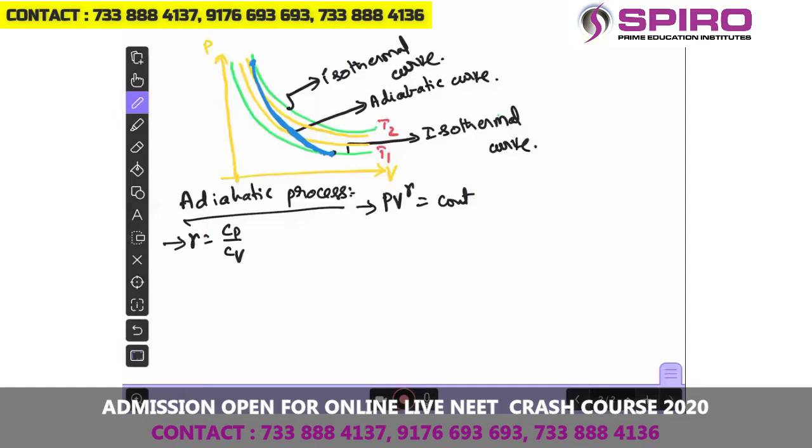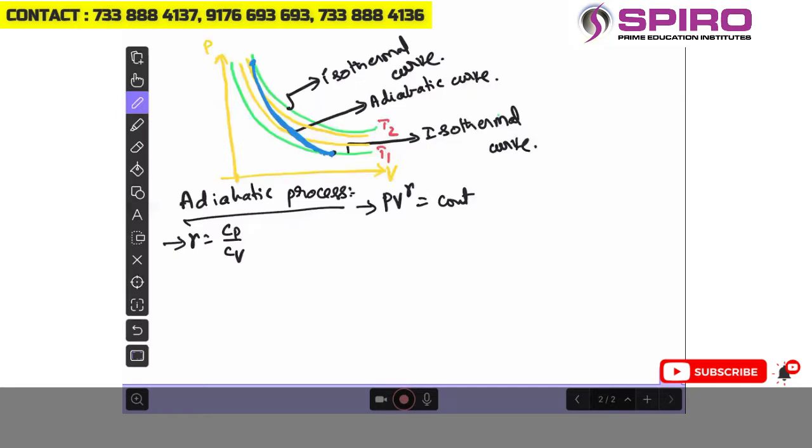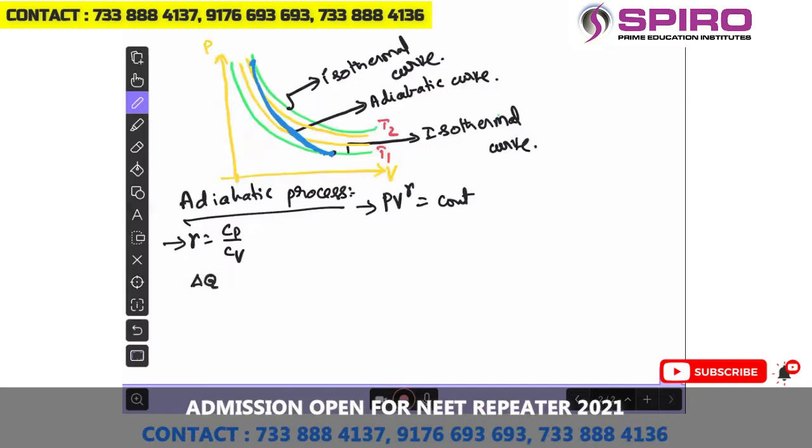Adiabatic work done is nothing but the change in the internal energy, because it is conducted in isolated systems. In isolated systems, the net heat exchange between the system and surroundings will be zero.